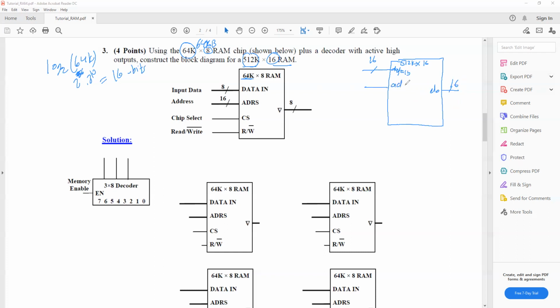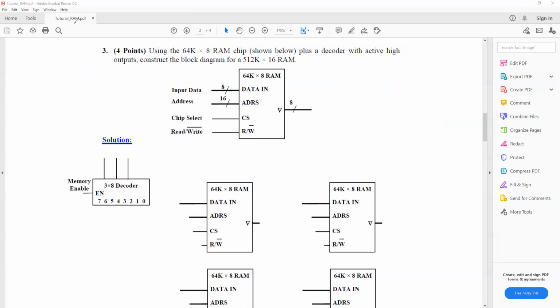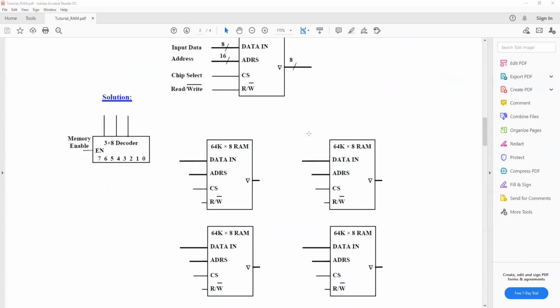As for the address, log2 of 512K is going to be 19, that's 2 to the 9 multiplied by 2 to the 10. And then we'll have 1 bit for chip select and 1 bit for read write bar. This is the end result. So how do we construct this from the inside using these chips? By drawing the connections on the following provided diagram.